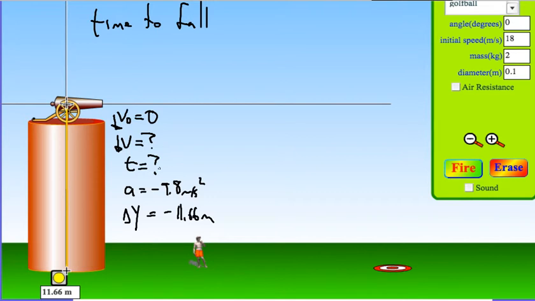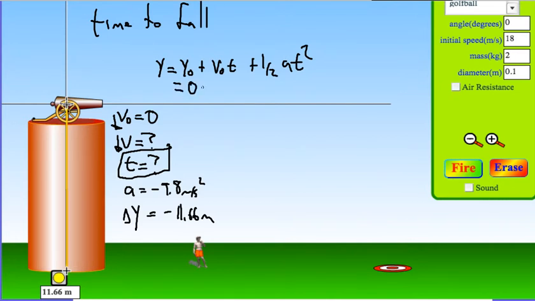The formula that we can use to solve for time, this is the important one. We need a formula that will help us solve for time. So we have y equals starting position plus velocity initial times time plus 1/2 at squared. This is 0 plus starting downward velocity 0 times time 0 plus 1/2 negative 9.8 times t squared.